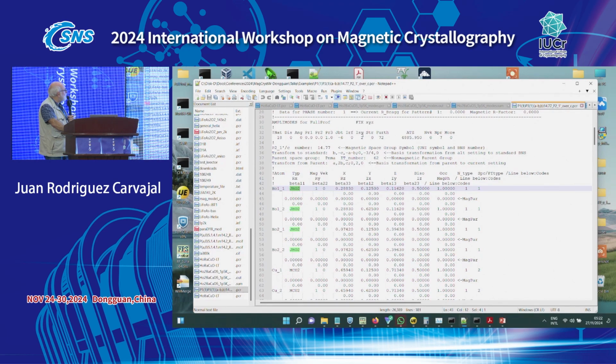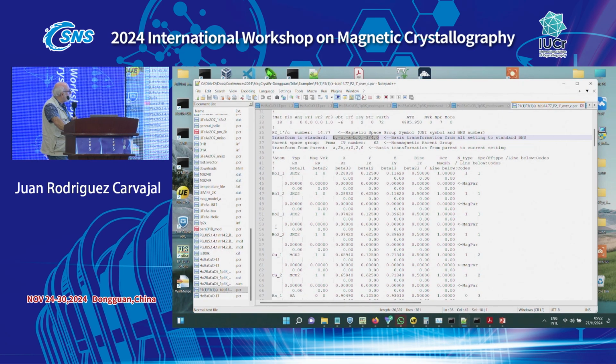Then FullProf will use this space group information for reading the database provided by Isotropy, and then I have the symmetry operators of this group in the standard setting, and I transform back to my setting using the inverse of this transformation, and then you get the proper things.